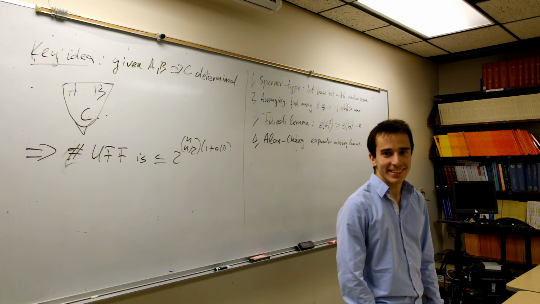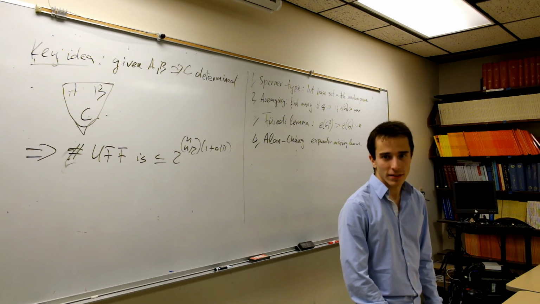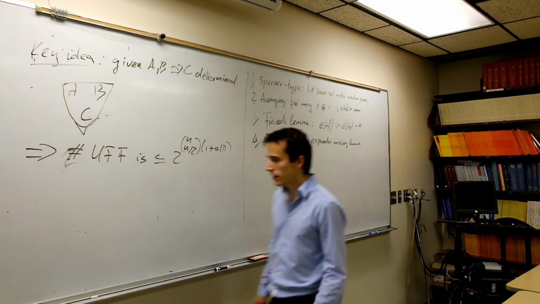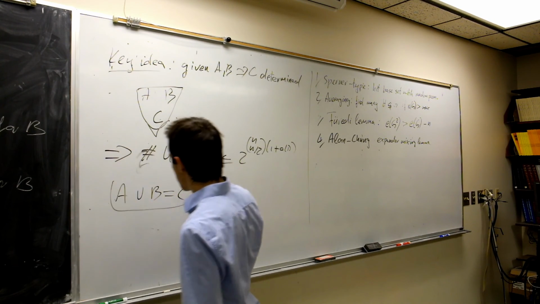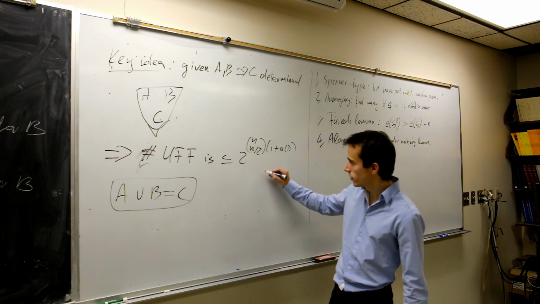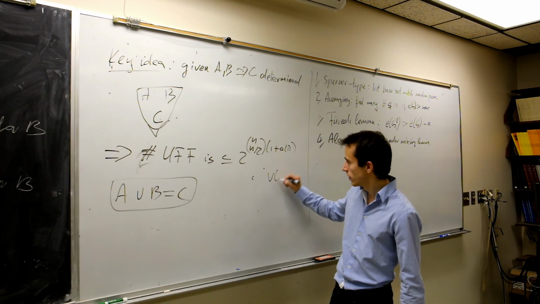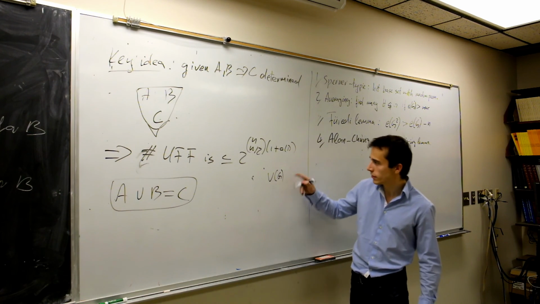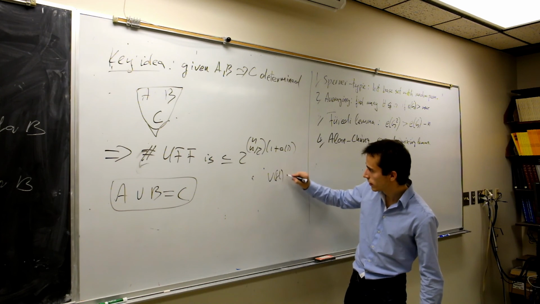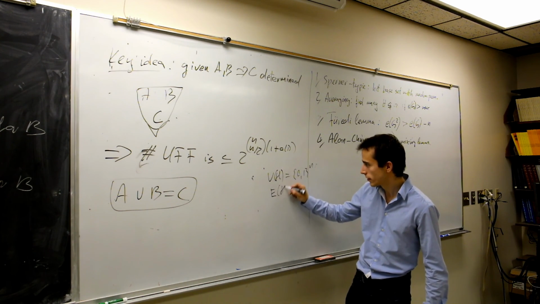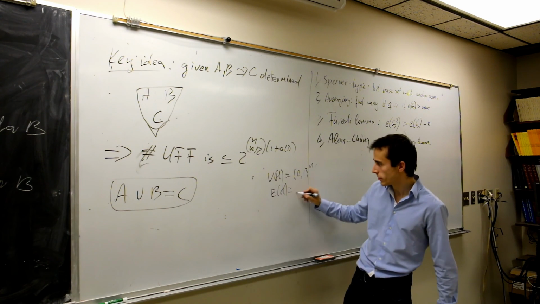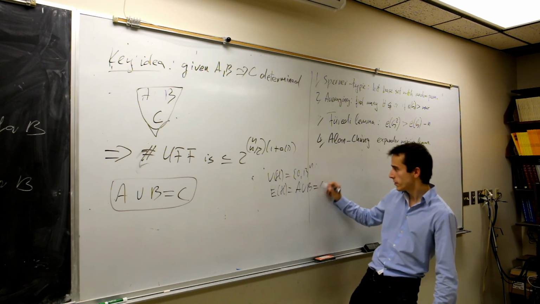Is there like one or two sentences about how the black box is applied? You're saying you build some hypergraph? Yeah, so two sentences about the black box. For example, I want to count families that don't have a solution to this. So union-free families: I create a hypergraph with the vertex set being the Boolean lattice, and the edge sets corresponding to solutions to this equation.